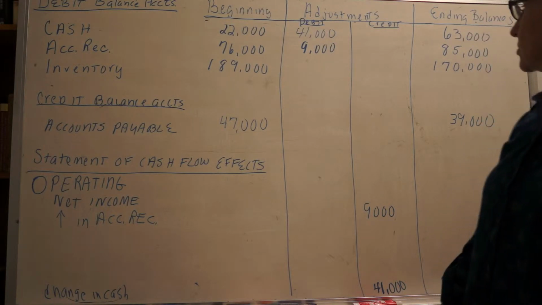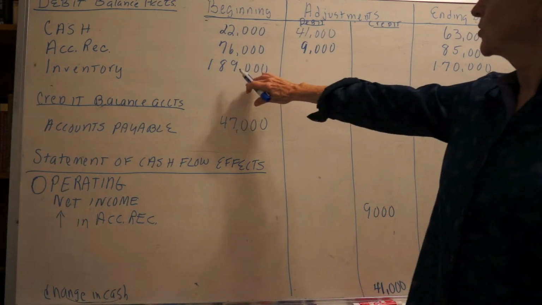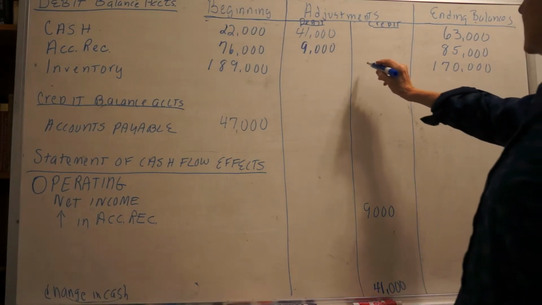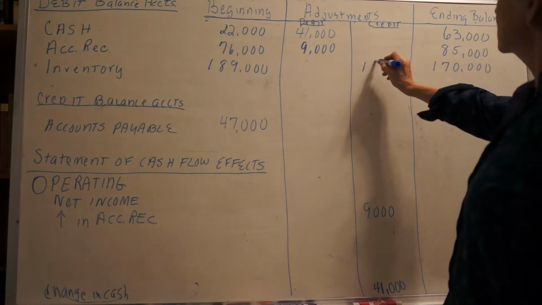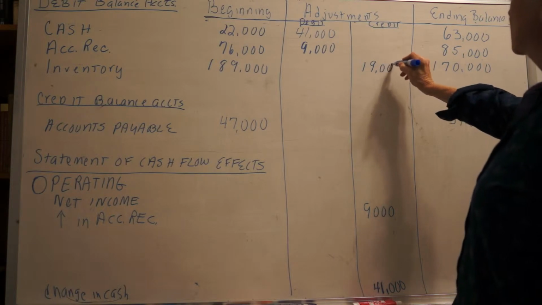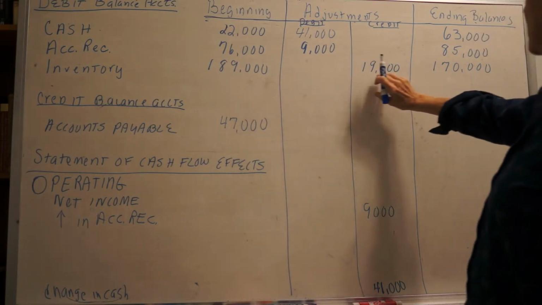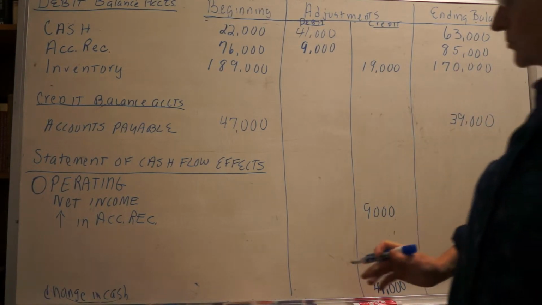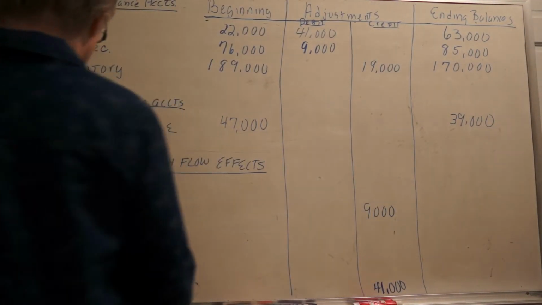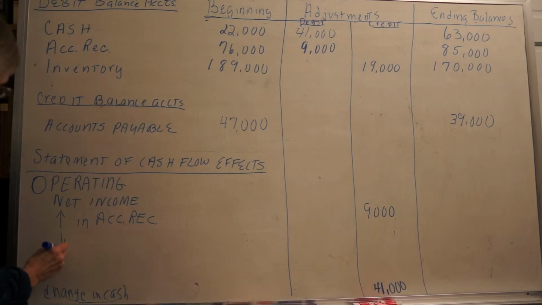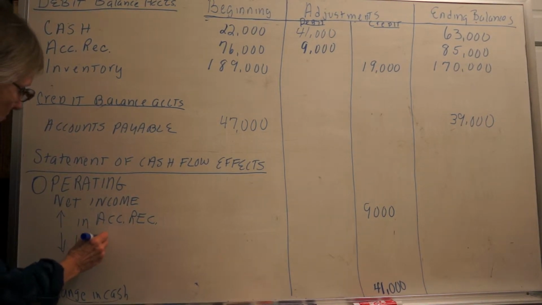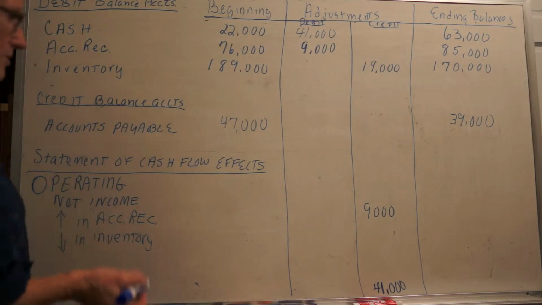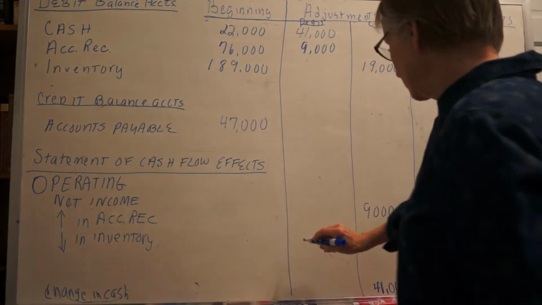Okay, inventory declined. It was 189, it went down to 170. So that is a $19,000 decrease, which would be a credit. So 189 minus 19 explains the 170. Again, we go to the operating section, and we say we had a decrease in inventory. So we just tell what happened, and then we make the opposite entry that we made up above.